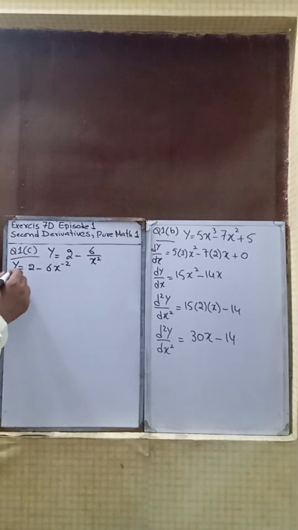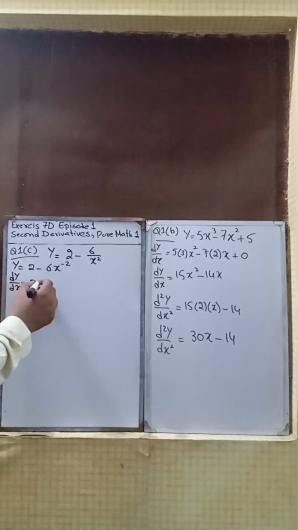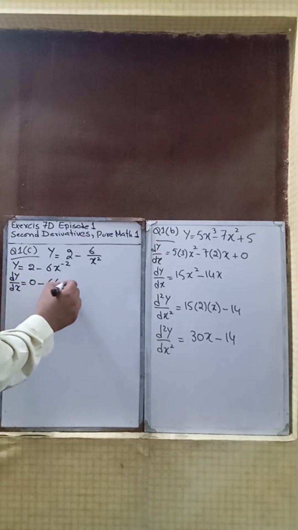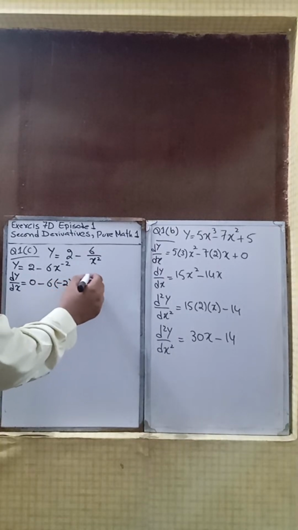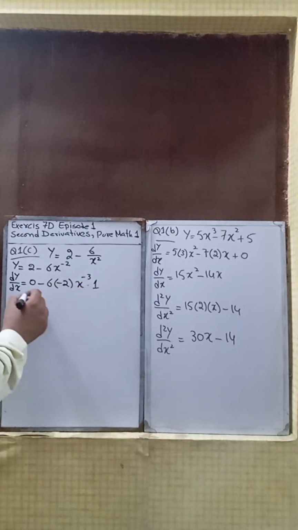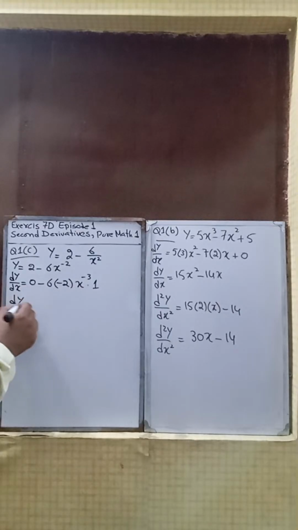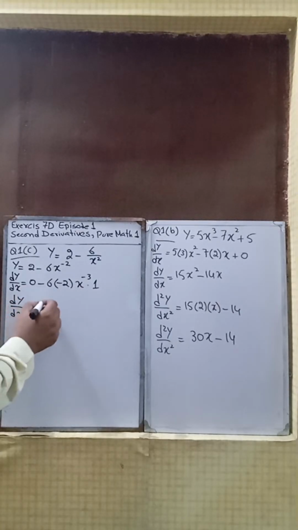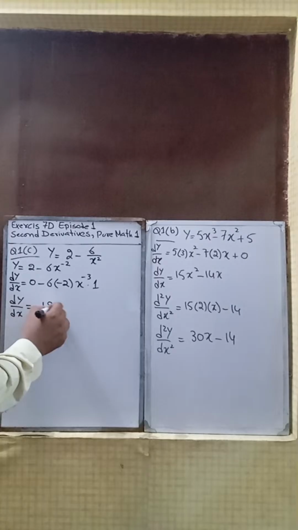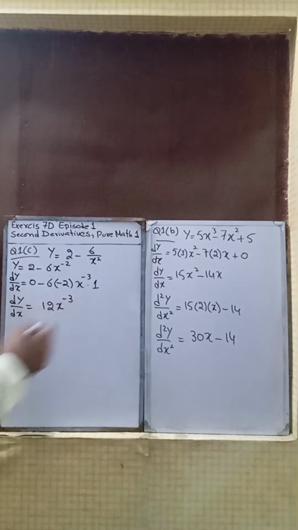The dy by dx will be equal to, derivative of 2 is 0, minus 6, that power will come on the side, the power will decrease by 1. So this will become positive 12 x raised to power minus 3.